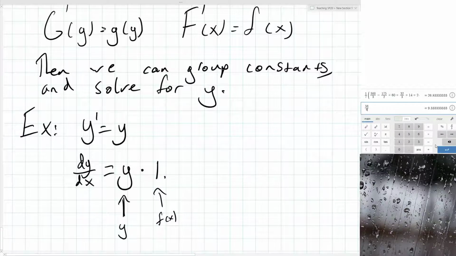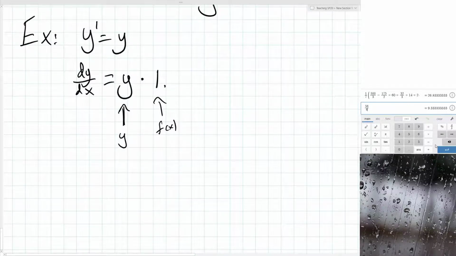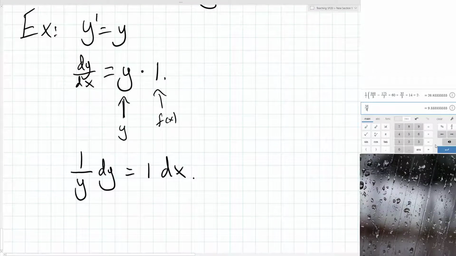So we can separate this differential equation, the separable differential equation, as 1 over y dy is equal to 1 dx. I'm just dividing both sides by y and multiplying both sides by dx.